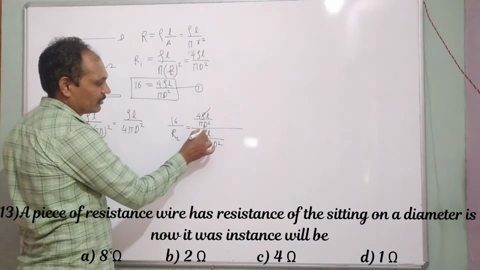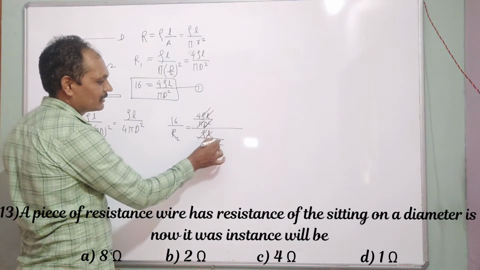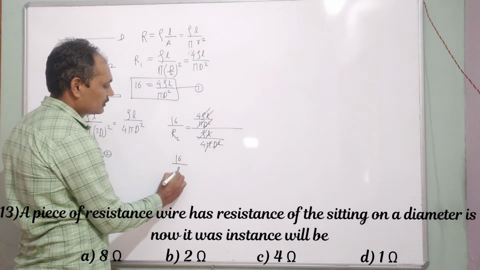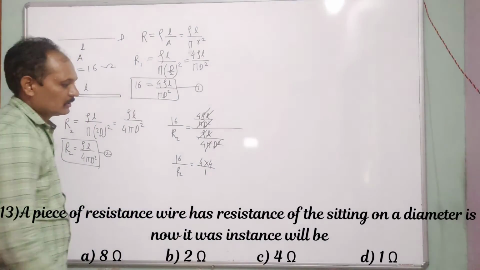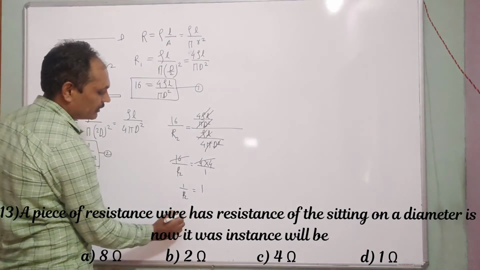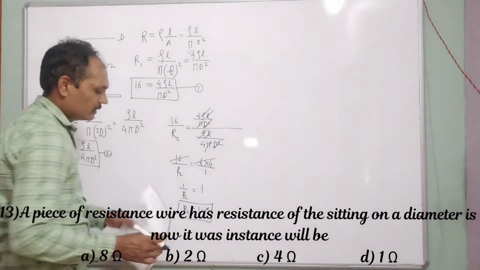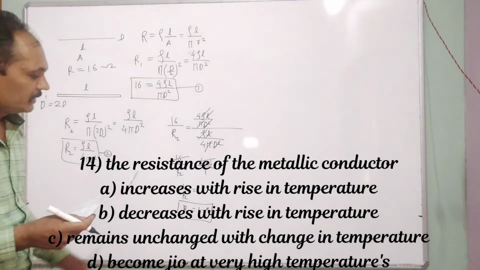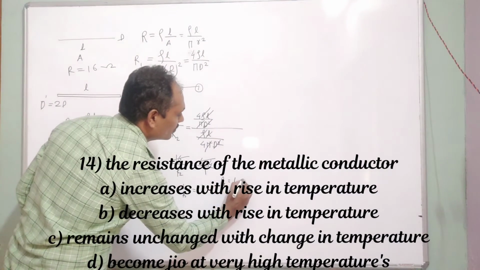Rho cancels, L cancels, pi cancels, D square cancels. Multiplying by 4, 16 upon R2 equals 4 into 4 upon 1. So 1 upon R2 equals 1 and R2 is equal to 1 ohm. Then the answer is R2 equals 1 ohm.